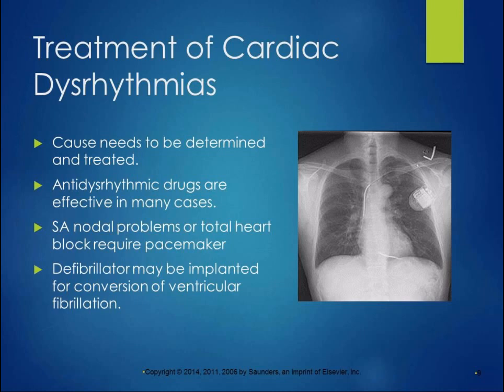In the picture here, it's an x-ray of someone who's had a pacemaker implanted. You can see that pacemaker in their chest. They also implant a defibrillator for cardioversion of ventricular fibrillation. So it's called an ICD, which is called an implanted cardioverter defibrillator.